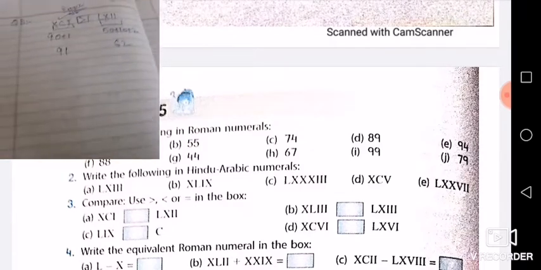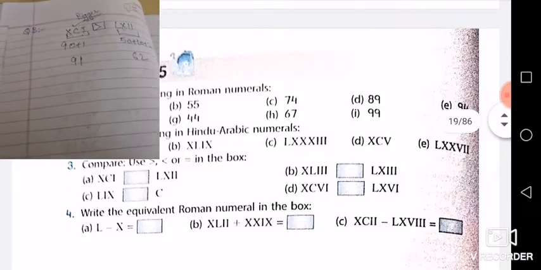This question you can do in your book itself. Now question number 4. Write the equivalent Roman numeral in the box. It means what you have to do here, you have to do subtraction. The basic subtraction you have to do, and you find out which Roman numeral stands for this. Write the Hindu Arabic numeral for this and then add that.